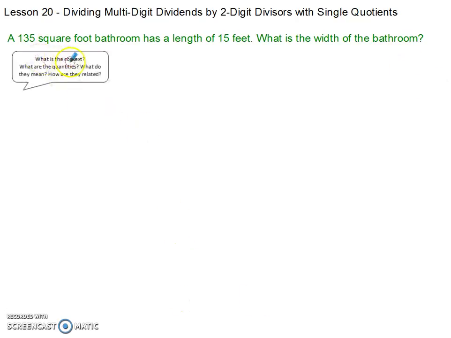So first, we want to ask ourselves, what is the context of the story? What is the story about? And we know that it's going to be about a bathroom, and we know that we have the length, but we don't know the width. Then we want to take a look and see what are the quantities, and what do those quantities mean?